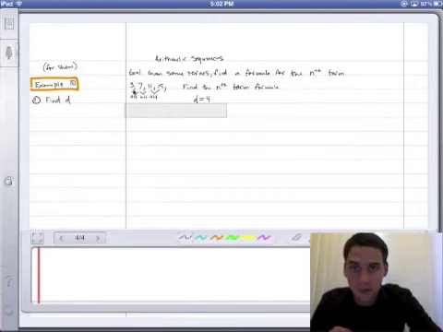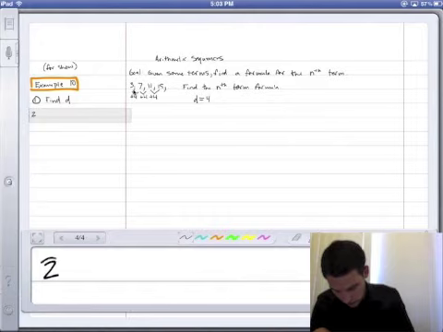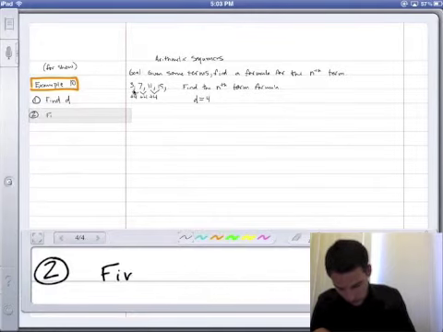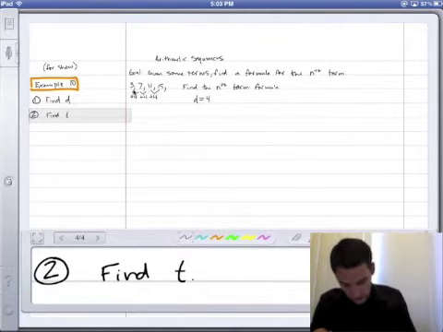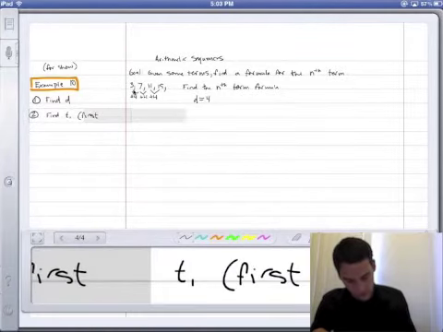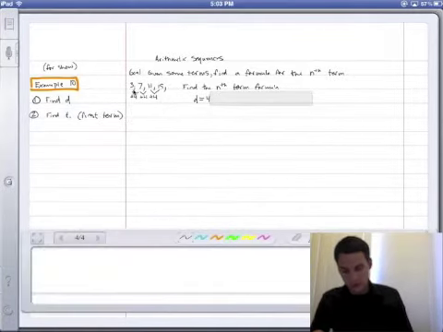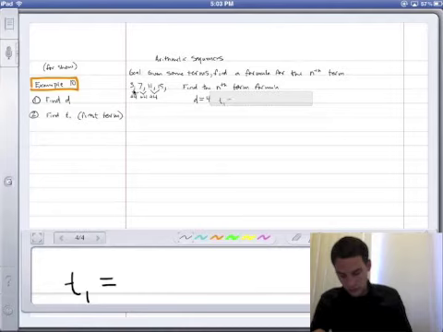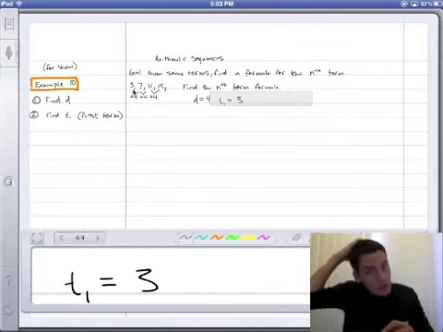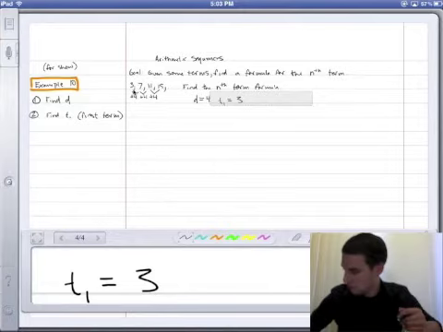There's the first term. So let me write this down. Number 2 is find t sub 1, which means first term. So I'm going to write down right here, t sub 1 equals 3. Okay, so I have my first term, and I have d.